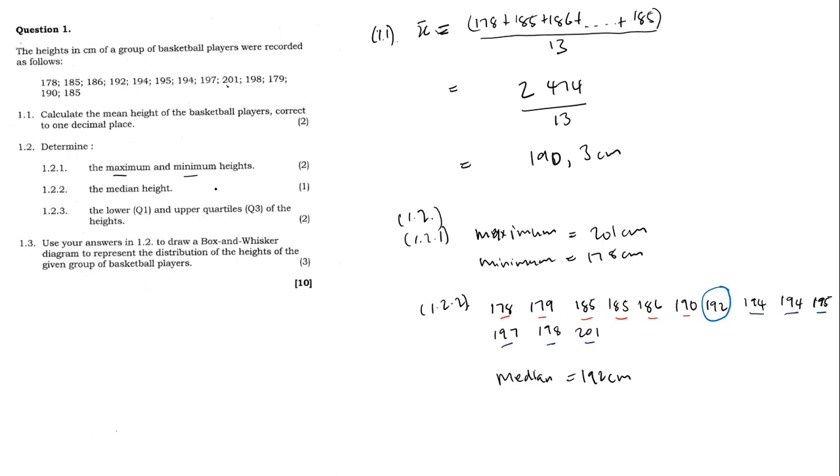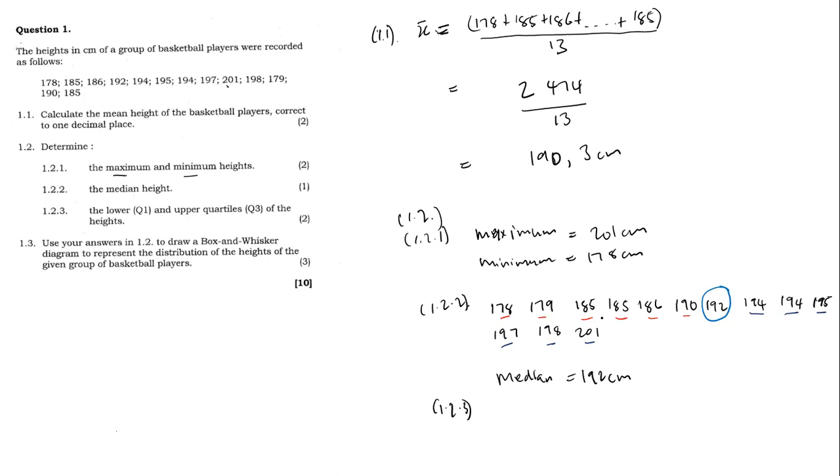All right, so now let us move to question number 1.2.3. It says, determine the lower and the upper quartiles of the heights. So we want Q1 and Q3. Let us talk about Q1 first, the lower quartile.